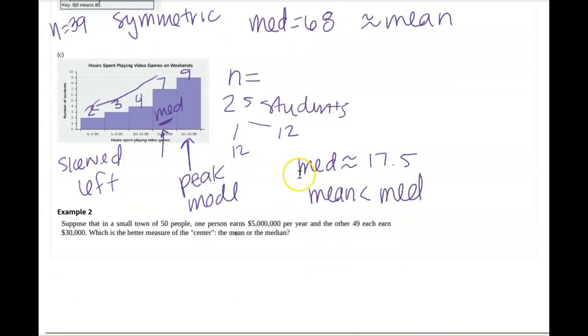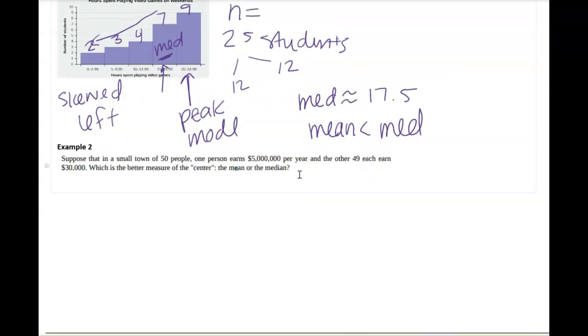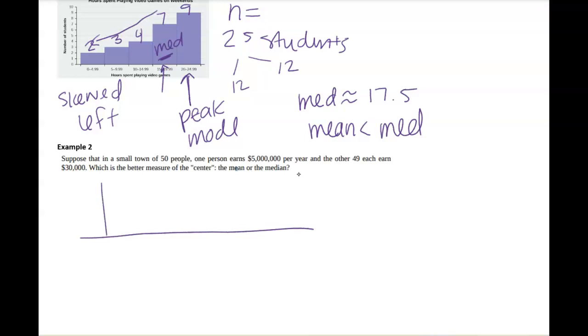Let's take a little deeper dive into the difference between mean and median with an example like number 2. Let's say there's 50 people in the town. One person is a millionaire, the other 49 earn $30,000 a year. If you think about this on a number line, you have all 49 people down here and then one all the way over here. What is a better measure of center?